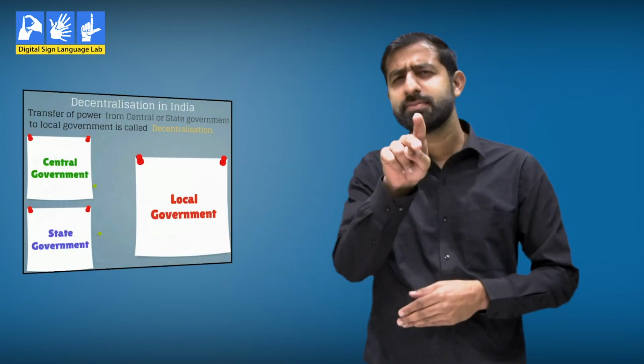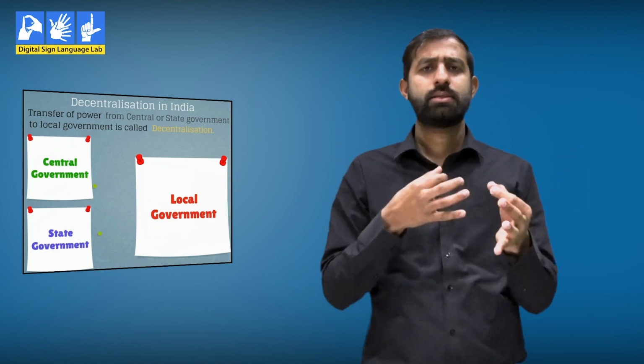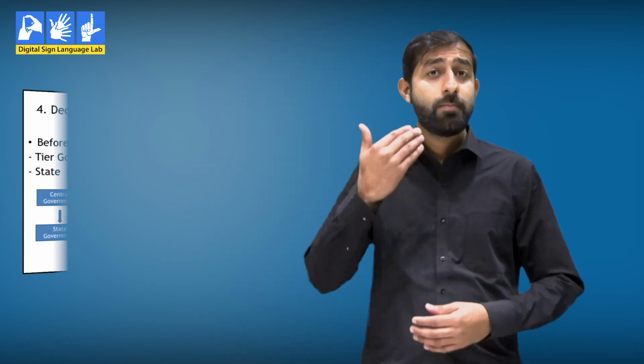The next topic, decentralization. What does this mean? Let me explain. Under federalism, we have the central government and the state government, and we further have local governments. These are further subdivided to take care of rural and urban administration. This is decentralization.